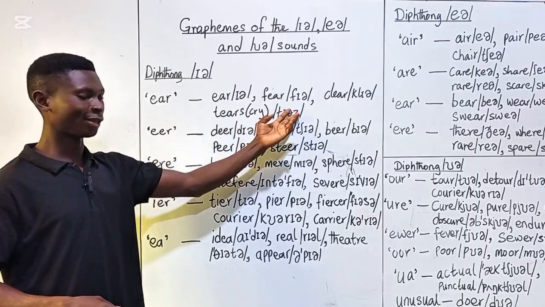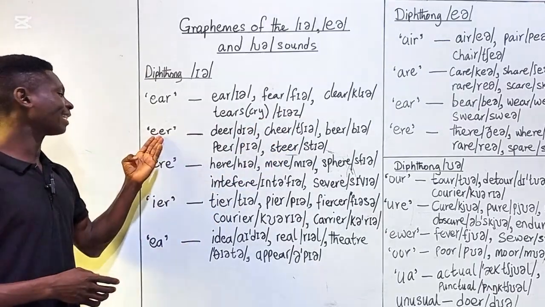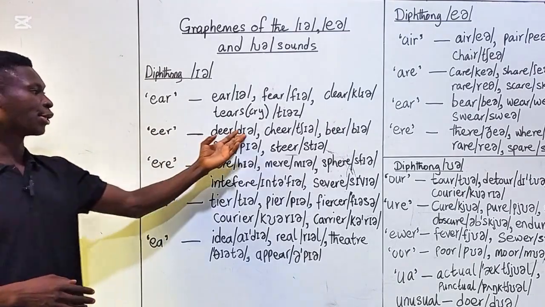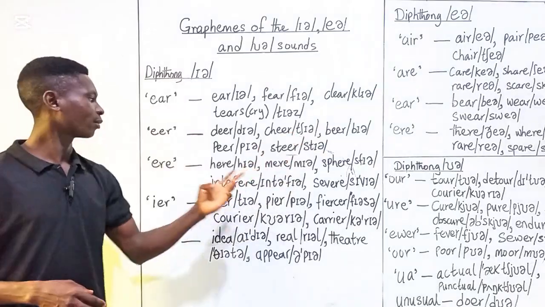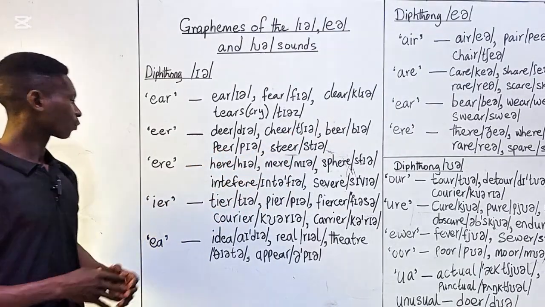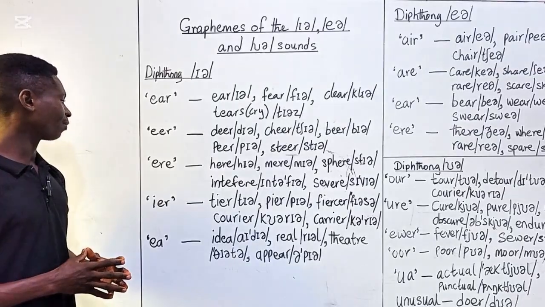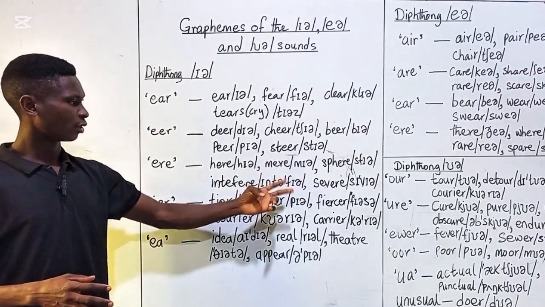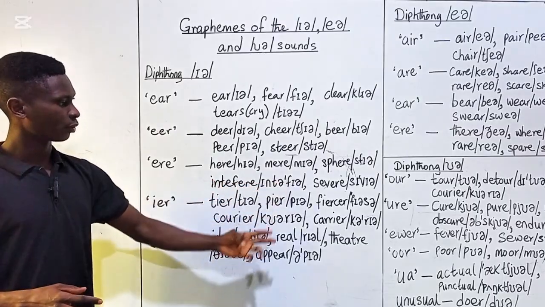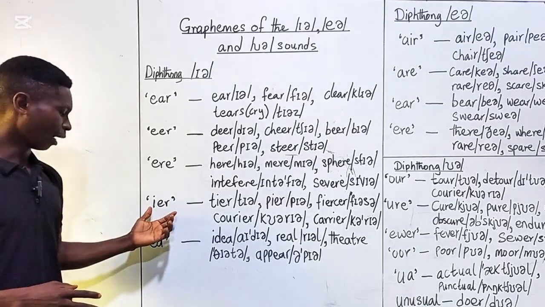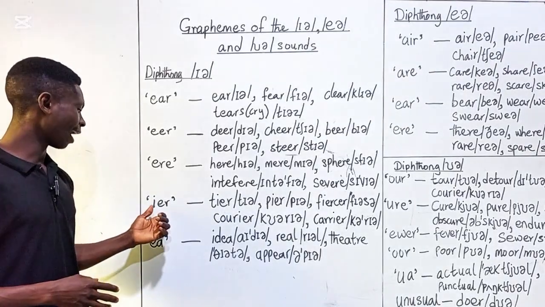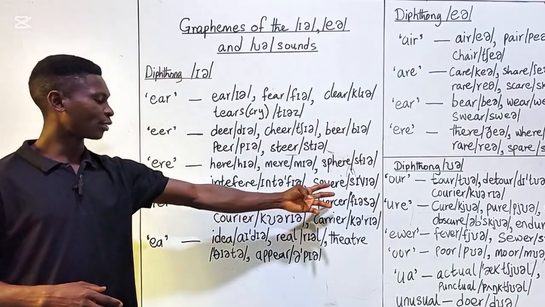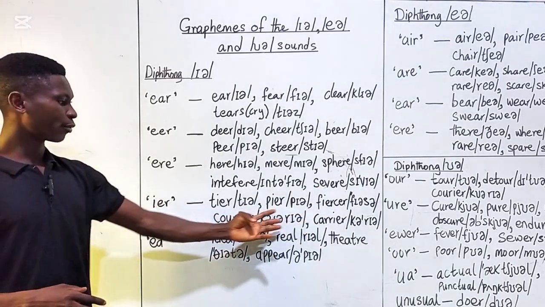This word, tears. Another spelling for the ear sound is EER. In place of EER in words, we have the ear sound as in dear, cheer, beer, here, steer. Again, we have the ear sound in place of ERE, as in words like here, near, sphere, interfere, severe. Another grapheme for the ear sound is IER, as in tier, peer, piercer, and courier.